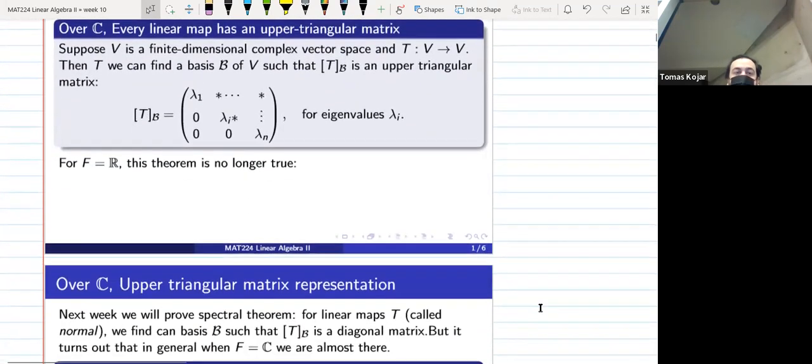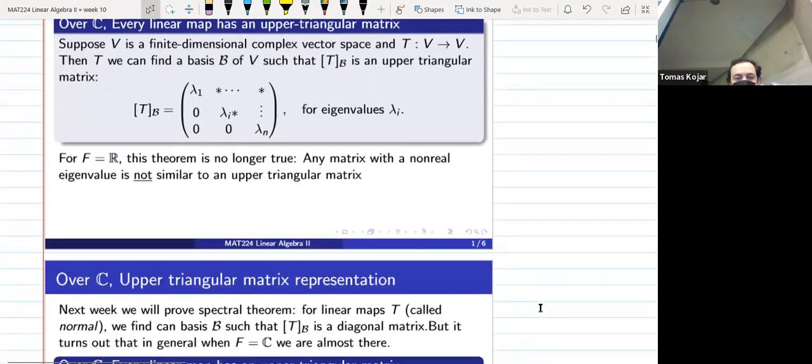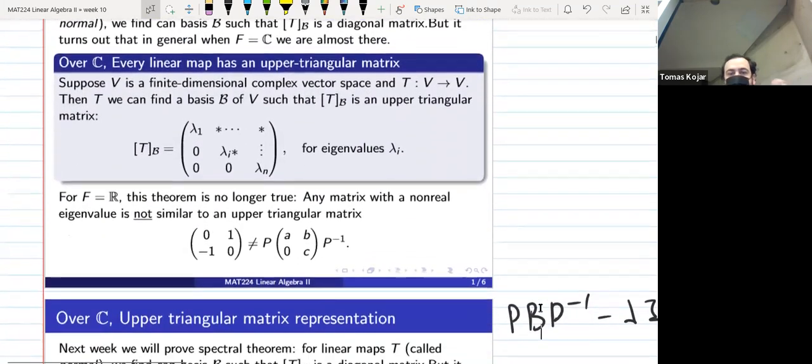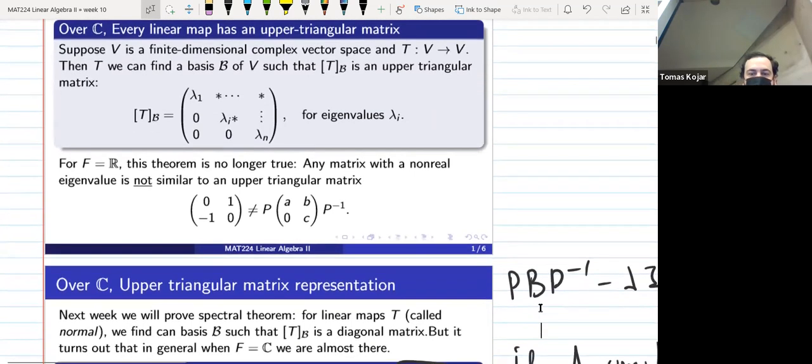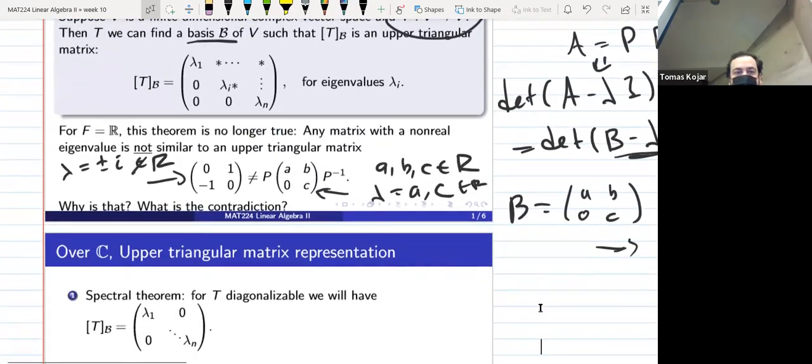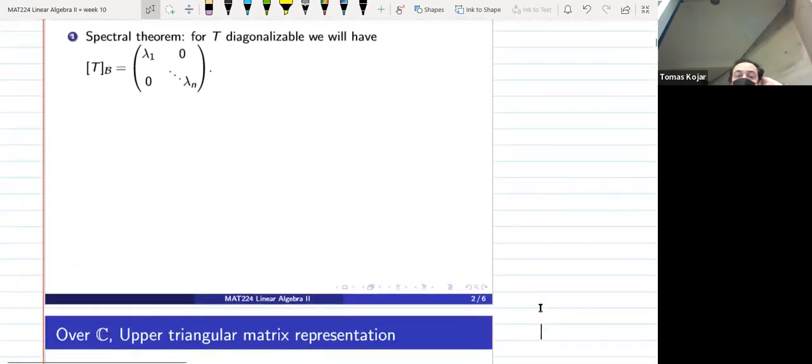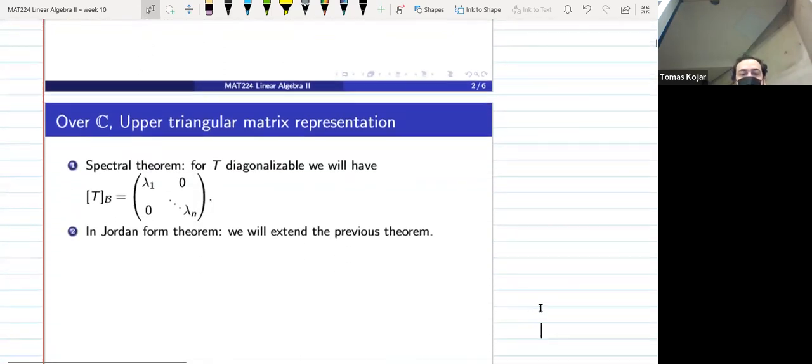When your underlying field is the reals, this is no longer true. This matrix here, you cannot write in this form when the entries are all real. But at the very last slide, I will do this for complex. So I can do this for complex, but I cannot do it for real. The spectral theorem says you can write it as diagonal.